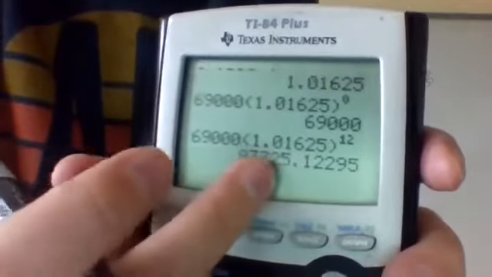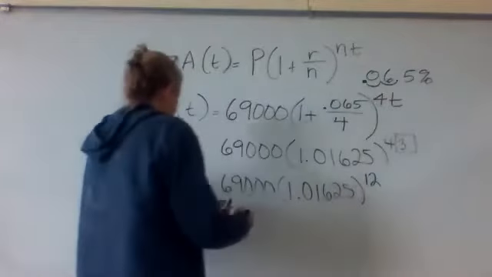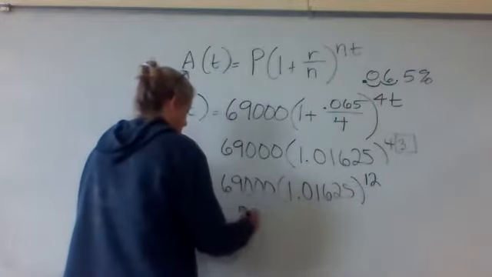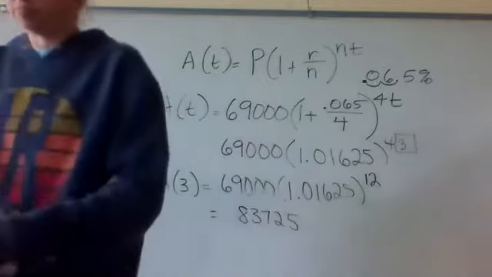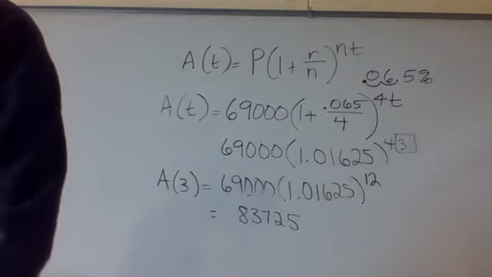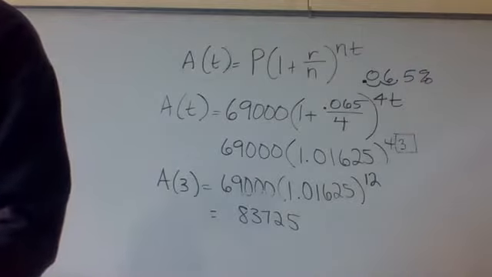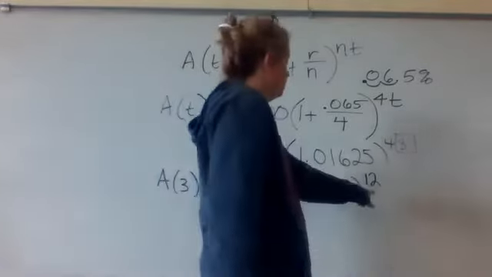After the decimal is a 1, which means I don't need to round it up. So I'll have 83,725. Okay? So you'll just keep changing those depending on what the year is.